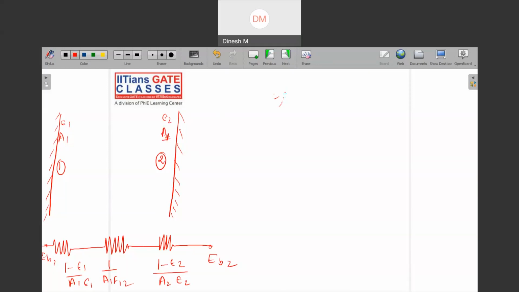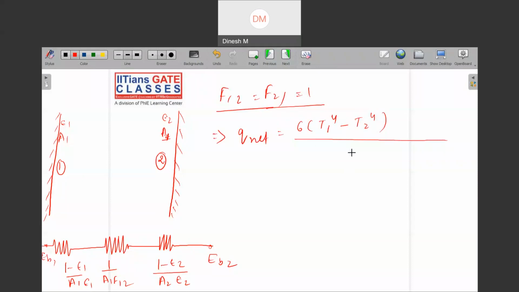Taking A as the unit area, let us say A1 is equal to A2 is equal to 1 meter square. Then this is 1 minus E1 upon E1, this is 1 only because the area is 1 and F12 is 1, and this is 1 minus E2 upon E2.